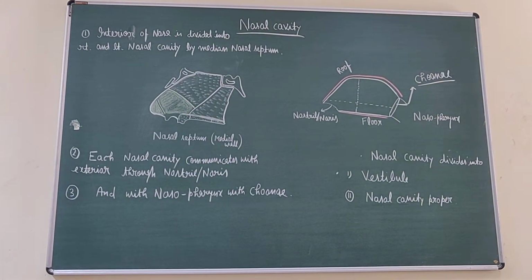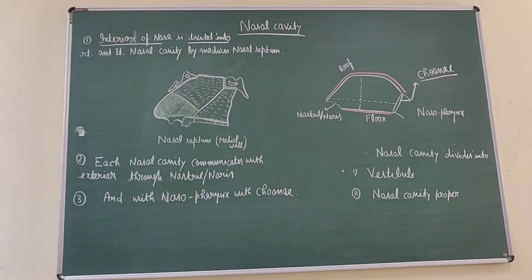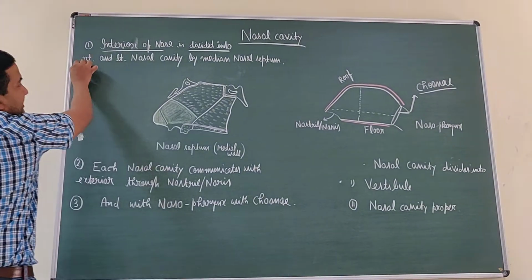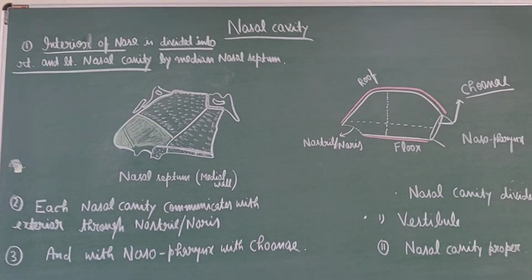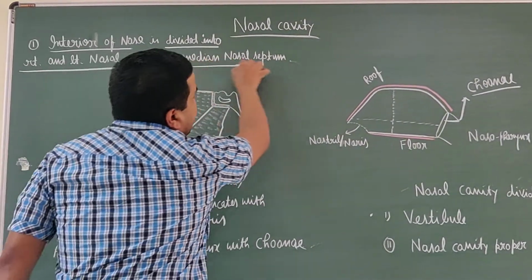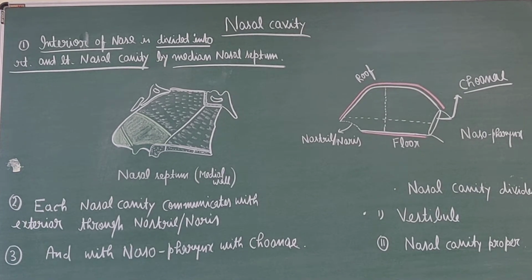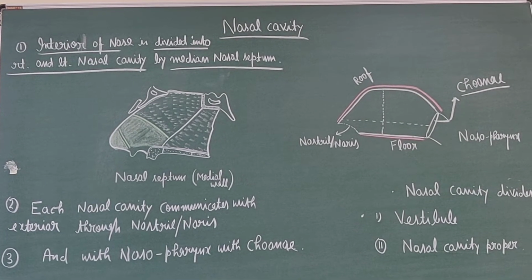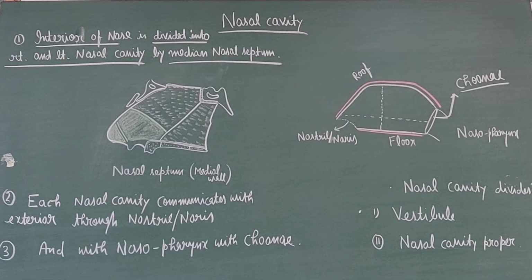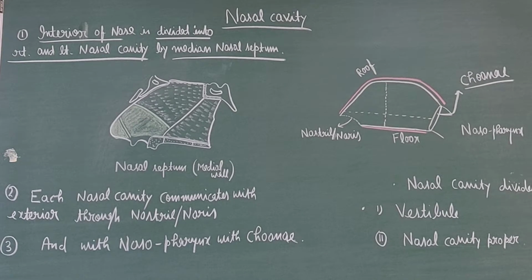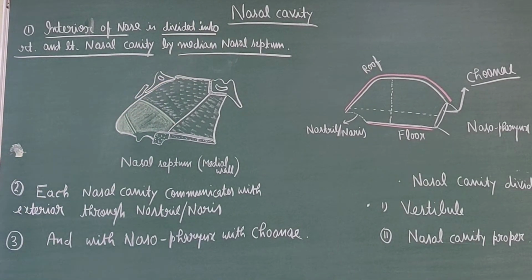This nasal cavity, interior of the nose, is divided into right and left nasal cavity by a median nasal septum. It is divided into two compartments, generally two unequal compartments, by the structure, that is the median nasal septum.